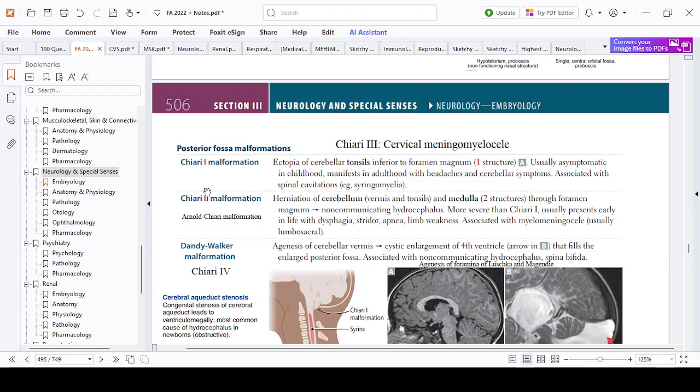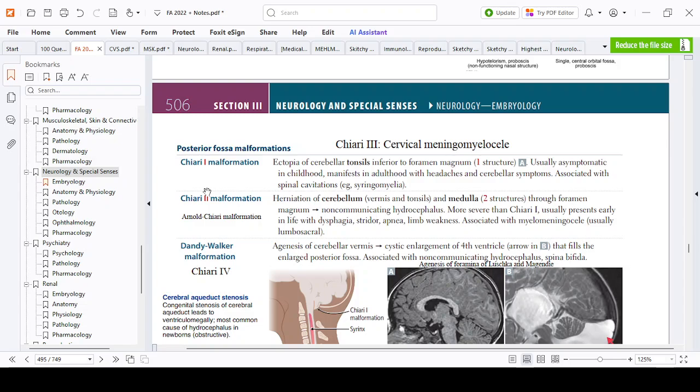Just remember these two lines: in Chiari 1, one structure herniates, the cerebellar tonsils, and it occurs in adults and is associated with syringomyelia.